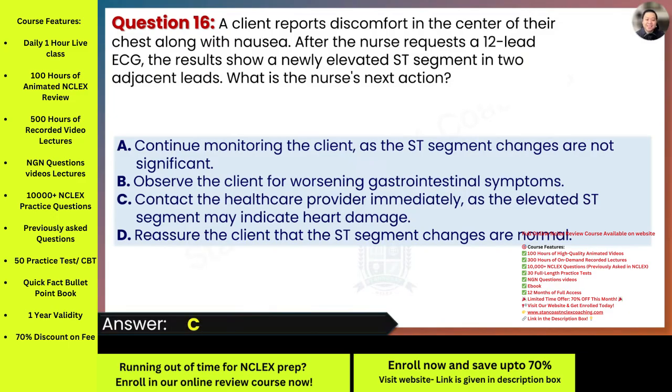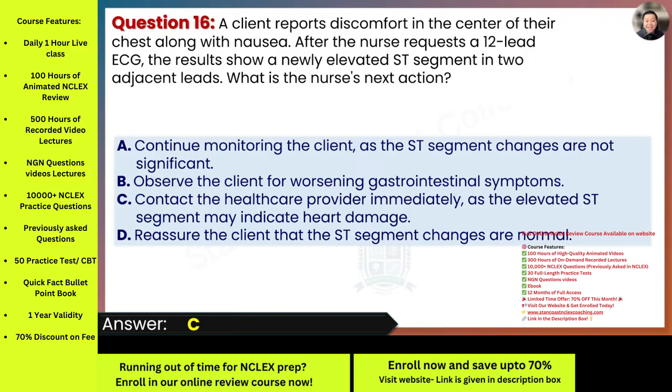And why is that? Well, when the client is reporting any chest discomfort or maybe nausea combined with the new elevation of the ST segment of the adjacent leads, this is reflecting a potentially serious condition.